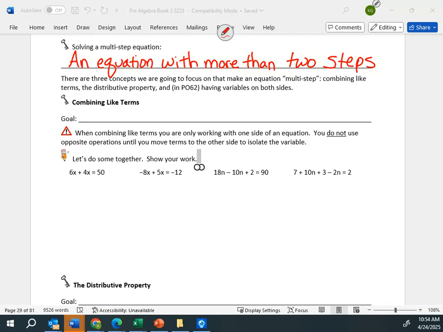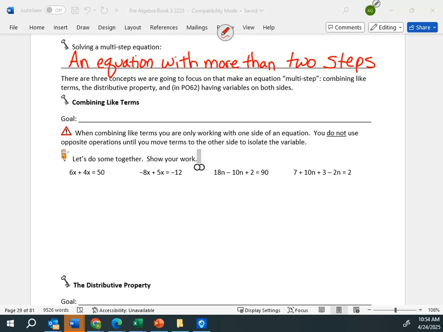So there are three concepts we're going to focus on to make an equation multi-step: combining like terms, the distributive property, and in Po62 coming up, having variables on both sides of the equation. So it gets more and more complicated as we go through our unit.